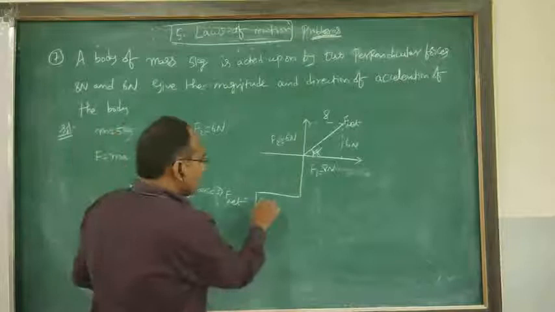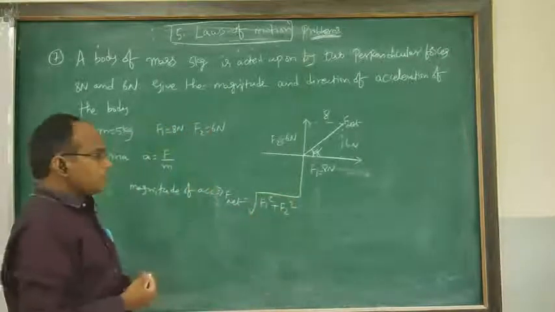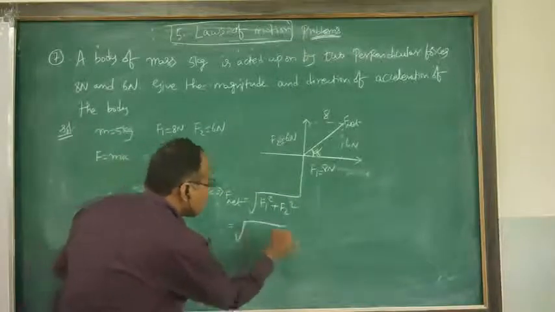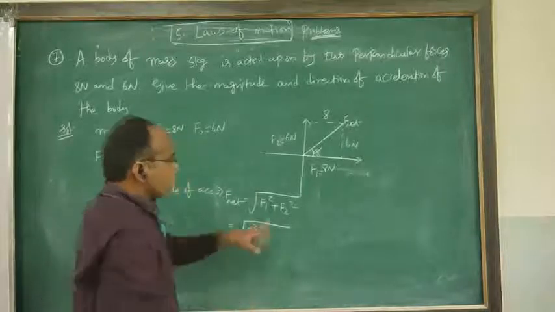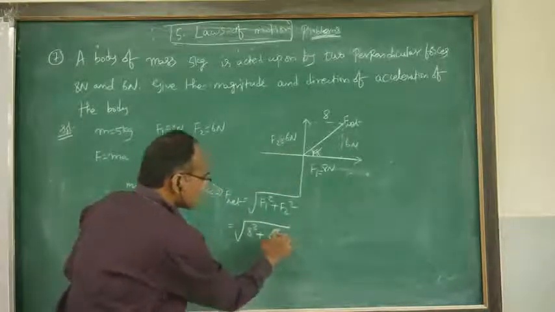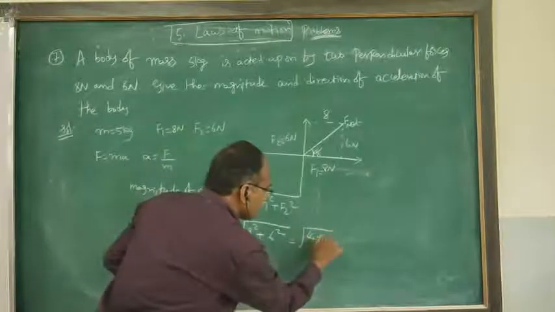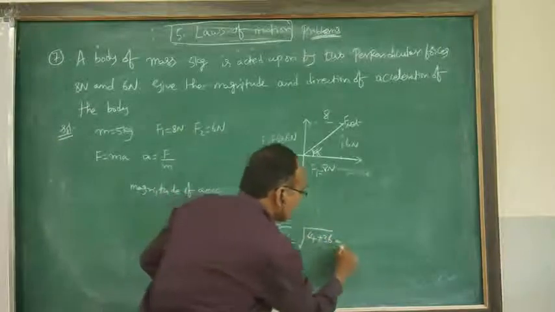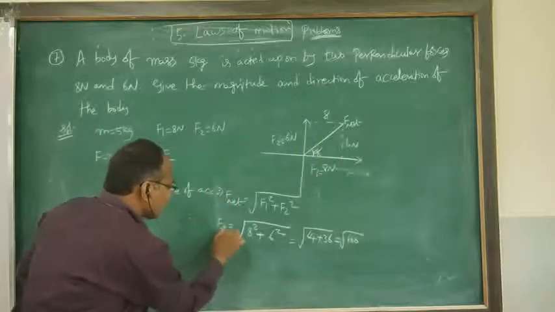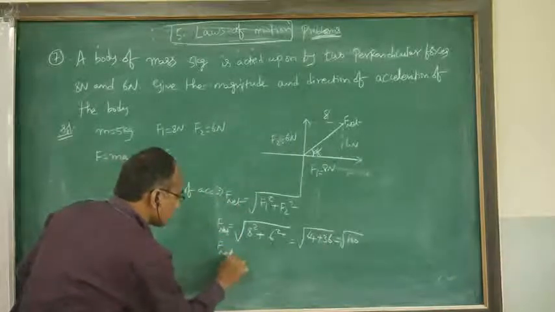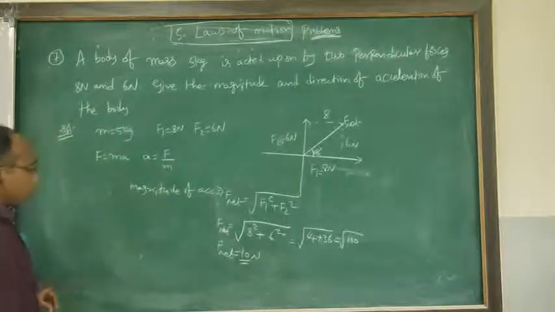Magnitude means root of F1 squared plus F2 squared. So root of 8 squared plus 6 squared, which is 64 plus 36, nothing but root of 100. So F net is equal to 10 Newtons.